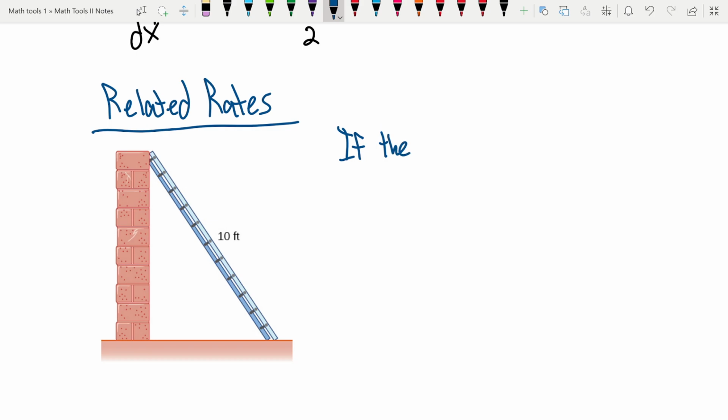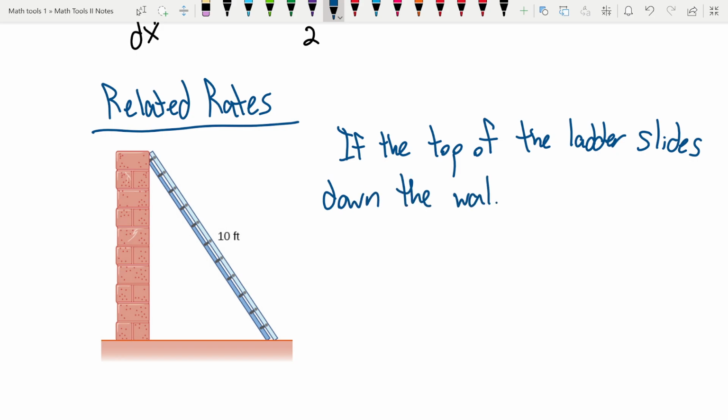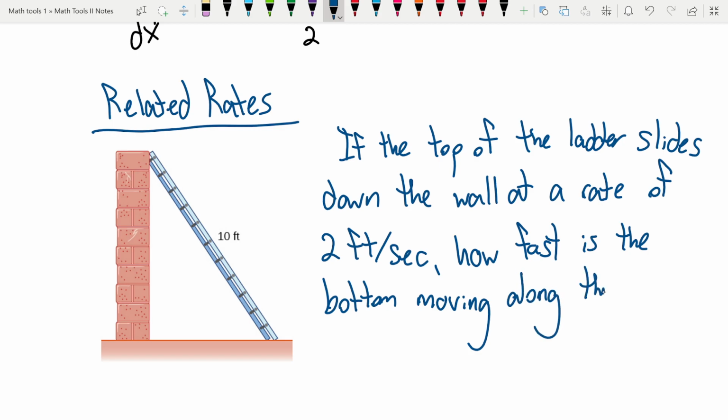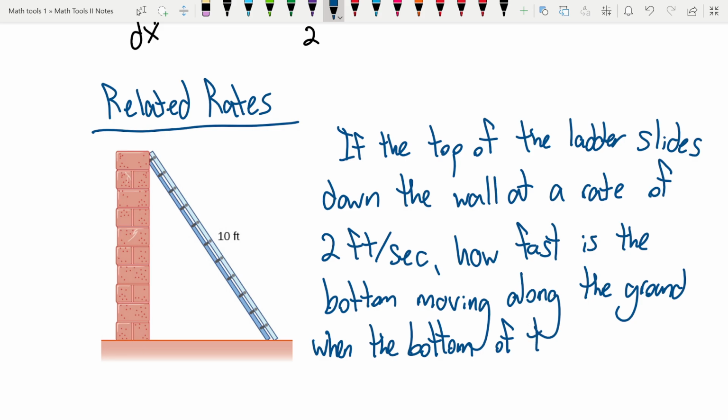It says if the top of the ladder slides down the wall at a rate of 2 feet per second, how fast is the bottom moving along the ground when the bottom of the ladder is 5 feet from the wall?